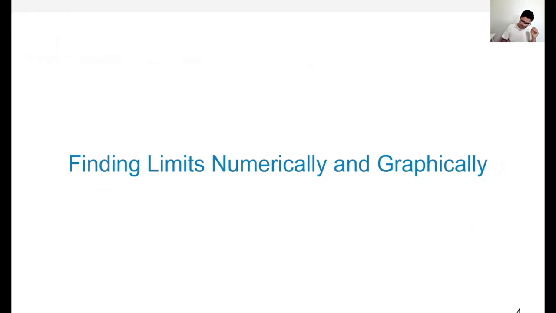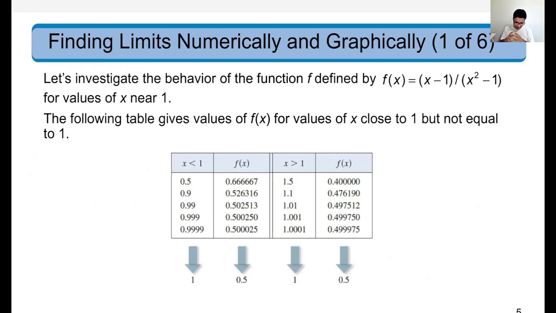So this numerical part is like through a table or list of values, and graphical part would be by sketching the graph and observing what is happening to the function to see the limit. Let's look at numerically first.